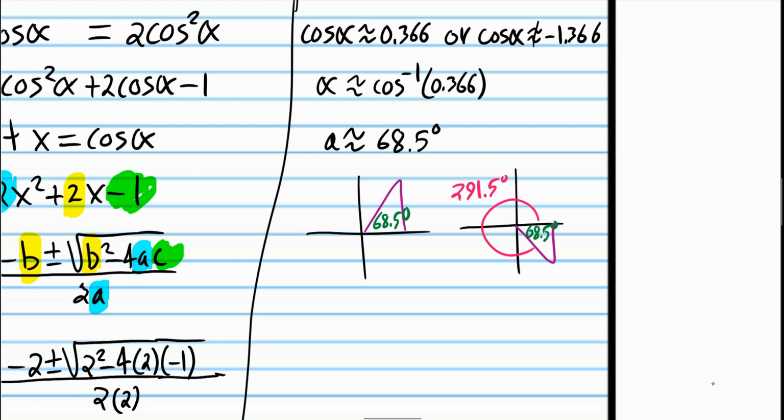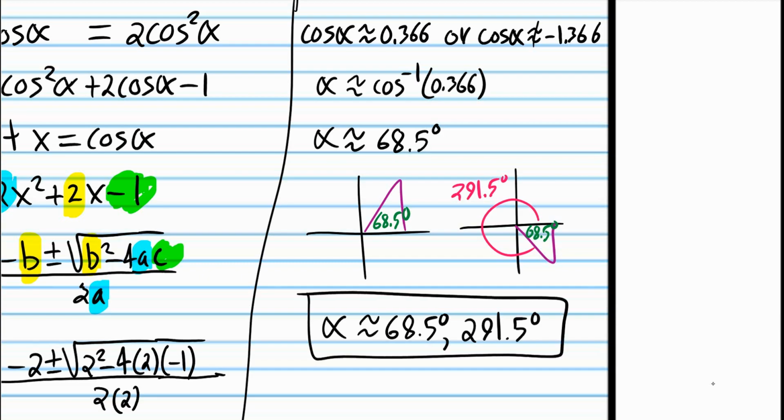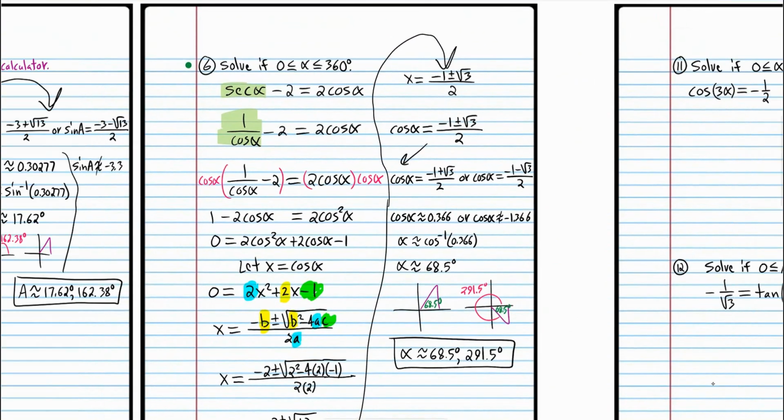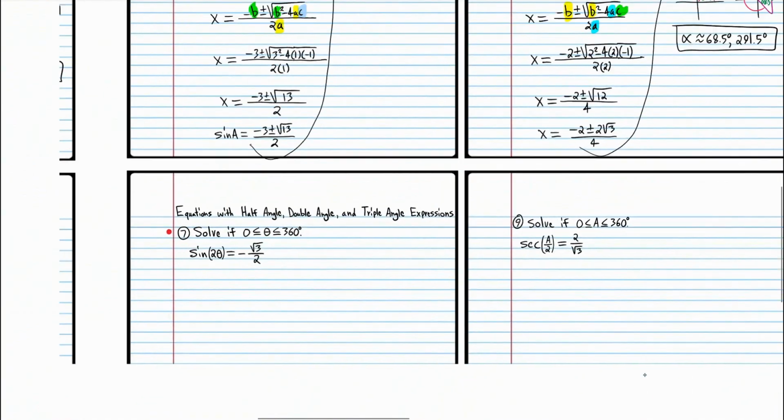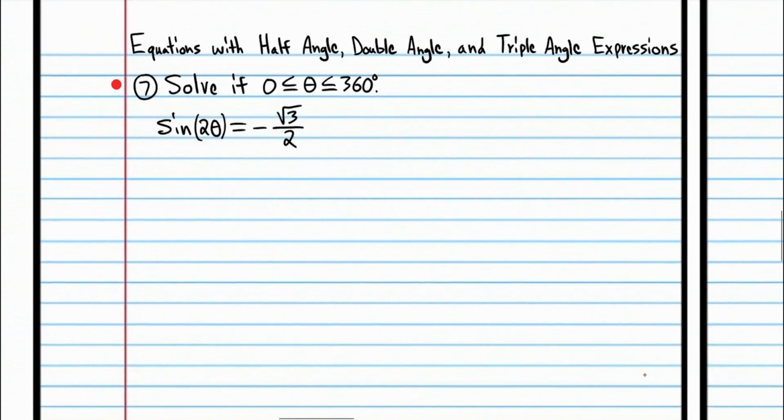So, whoops, that shouldn't be A, that should be alpha. Sorry about that. So alpha is approximately equal to 68.5 degrees and 291.5 degrees. So if you got those right, excellent. Good job. Okay, so those are some examples of trigonometric equations where we have to use our knowledge of quadratic equations to solve.